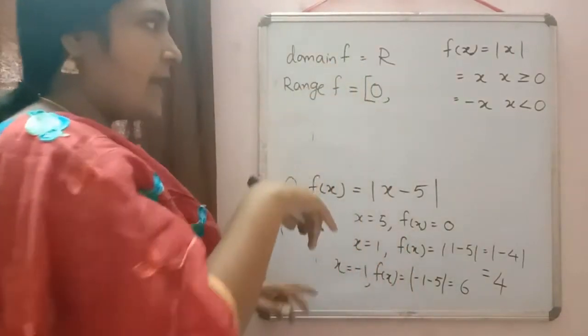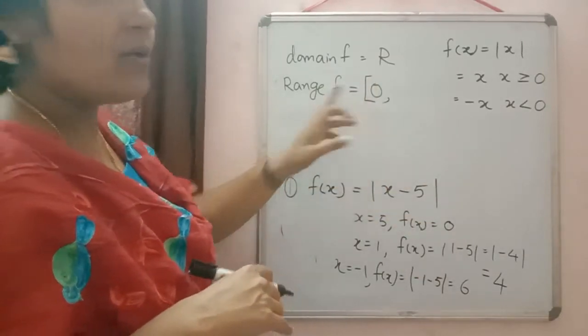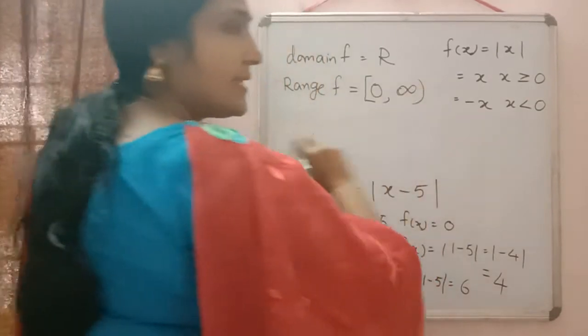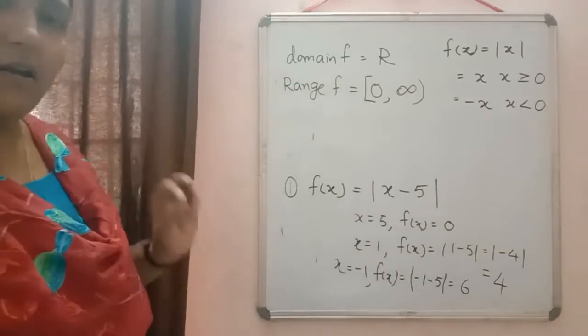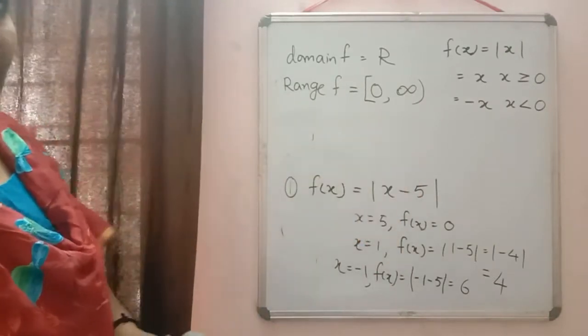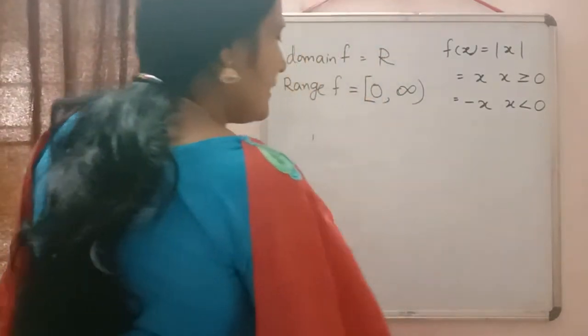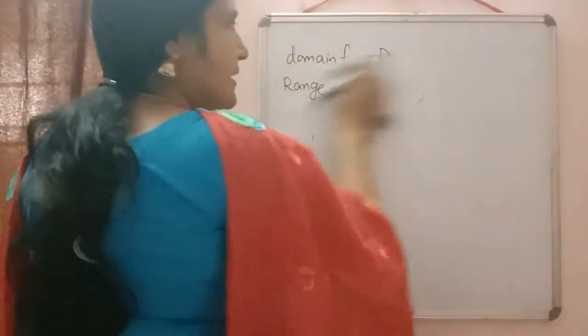F of x can be equal to 0, that's why I wrote a closed bracket here. So it will be 0 or any number greater than 0, so 0 to infinity. If a modulus function is there, x can take any real number and its range will be 0 to infinity.